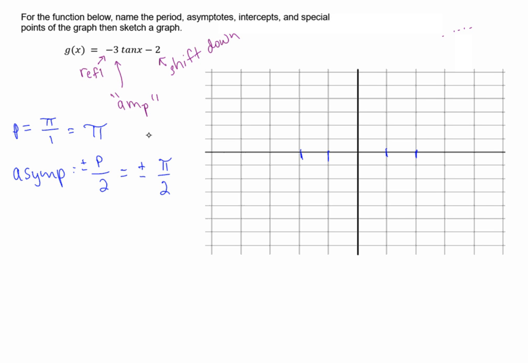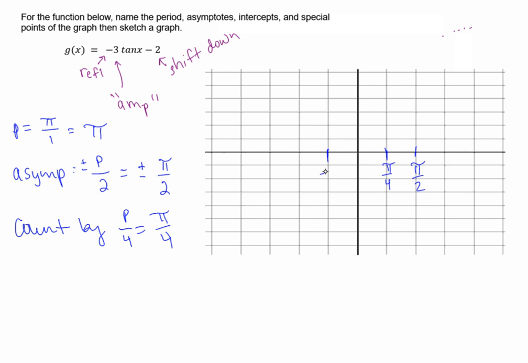I guess you can think of it as to count, you count by pi over 4. So this is pi over 4. This is 2 pi over 4, or pi halves.